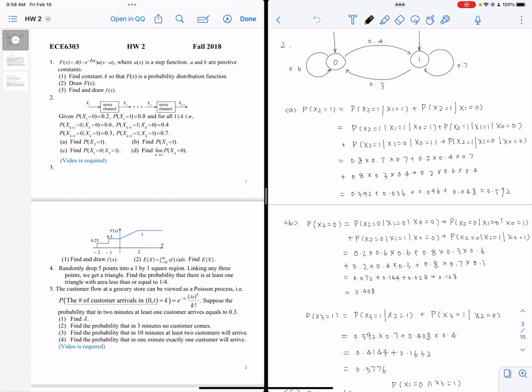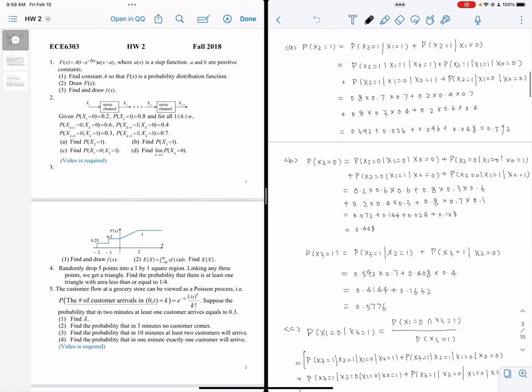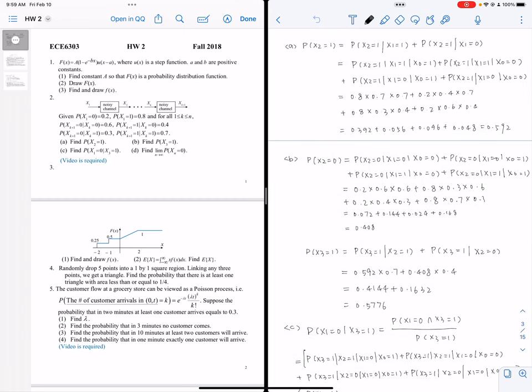In the second question, we're asked to find the probability when x3 equals 1. This is pretty much the same as problem A, but we need to do a little more calculating, because to find the probability of x3 we also need to know the probability of x2, since the status of x3 depends on x2.